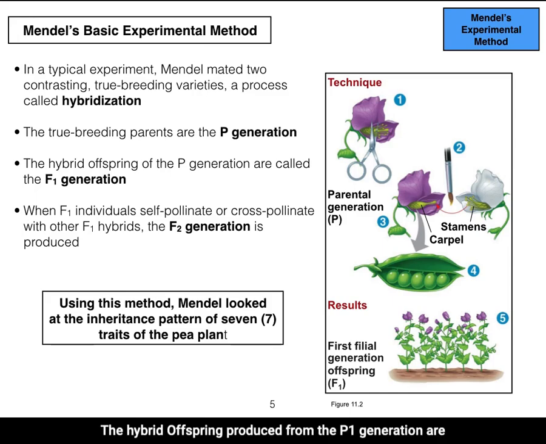The hybrid offspring produced from the P generation are called the F1 generation. When the F1 individuals self-pollinate or cross-pollinate with other F1 hybrids, the offspring that are produced are considered the F2 generation. So using this basic method, Mendel looked at the inherited patterns of several traits of the pea plant.